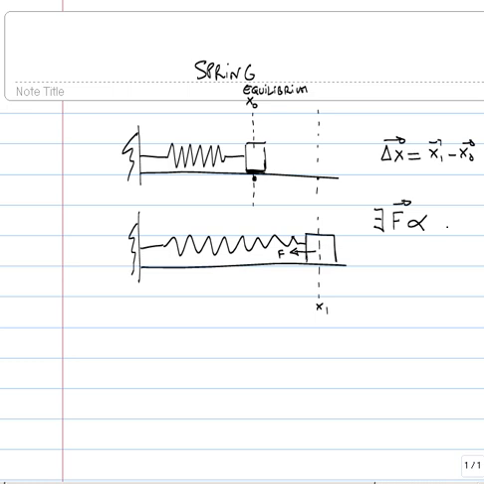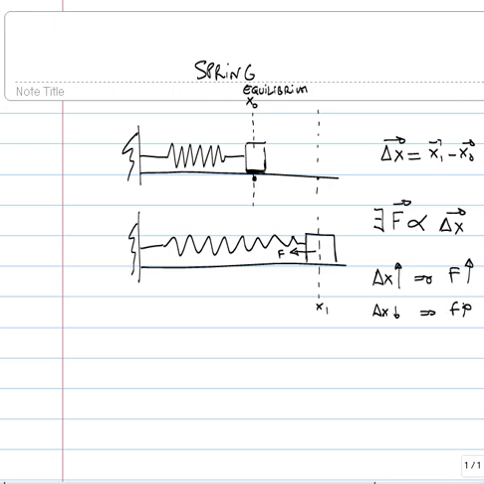Therefore, you can infer that the force that will try to bring it back to equilibrium will be larger, and the smaller the delta x, the smaller the distance between equilibrium and the new position, the smaller the force. So from experiment, we guess, and we already know, that the force is proportional to the displacement. The more you stretch the spring, the stronger the force you will feel, and the force you will need to apply to maintain it in position. The lower this displacement, the lower the force. So there is a direct relationship between the two.